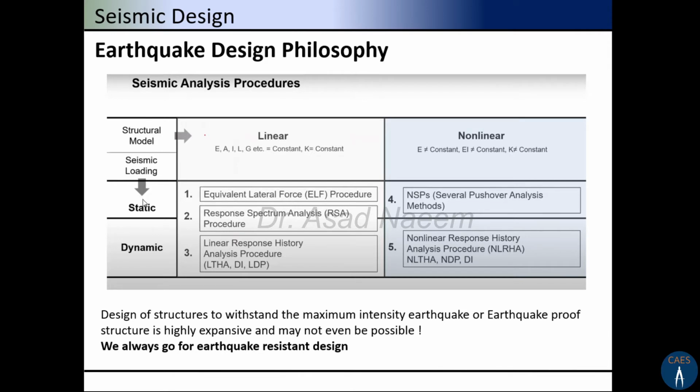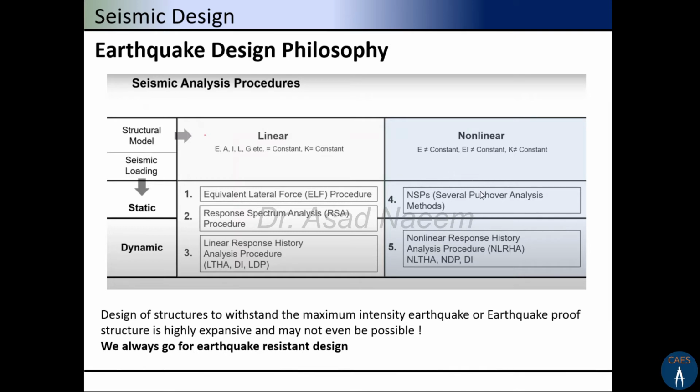Then for seismic loadings, we can divide the loading into two parts: one static, another dynamic. One is the equivalent lateral force procedure, also known as the static lateral force procedure. This is the most widely used in the design of structures. Then there is the response spectrum analysis procedure, and the linear response history analysis procedure, which is linear time history analysis, direct integration, or the linear direct procedure.